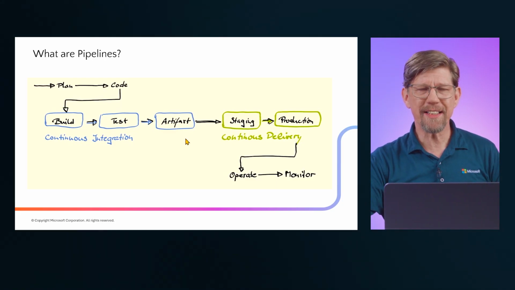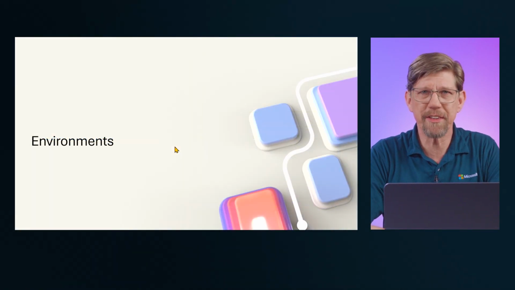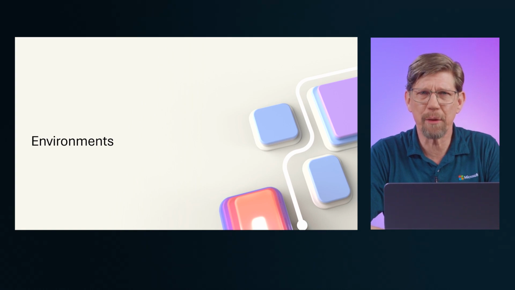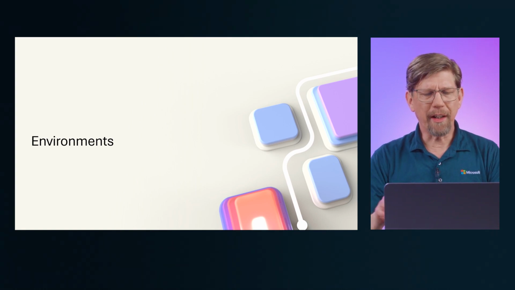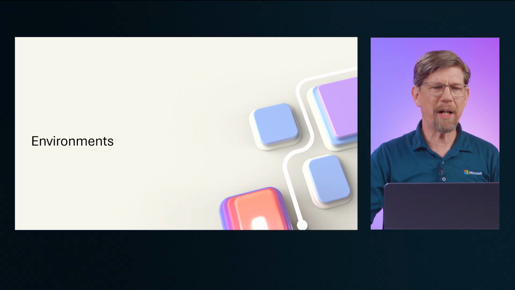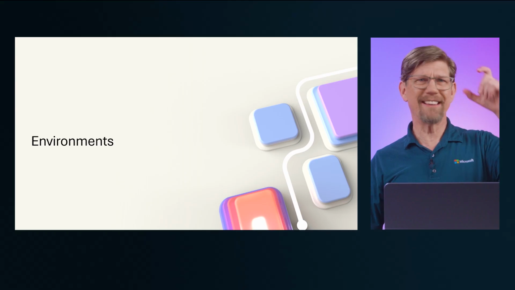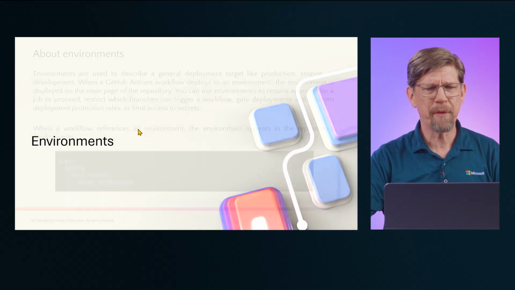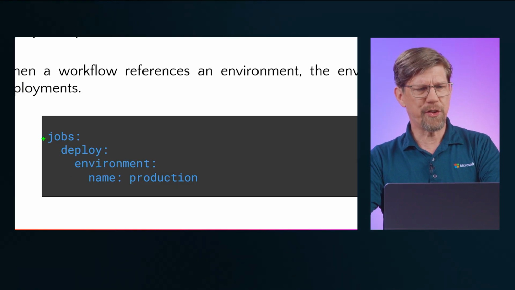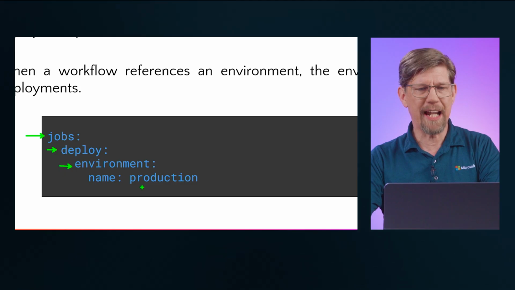And the first piece is we'll take a look at this idea of environments. So environments are a logical concept that are applied in the background of your pipeline. In your pipeline, you're going to have sections that say this job, the deploy job, is sitting in an environment named production.